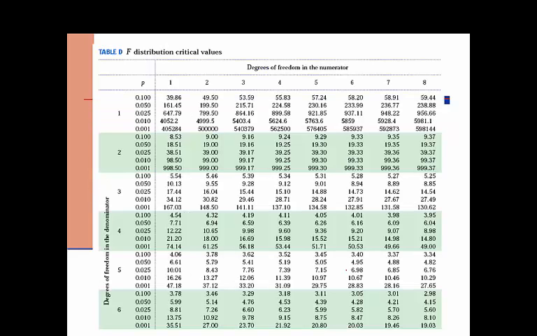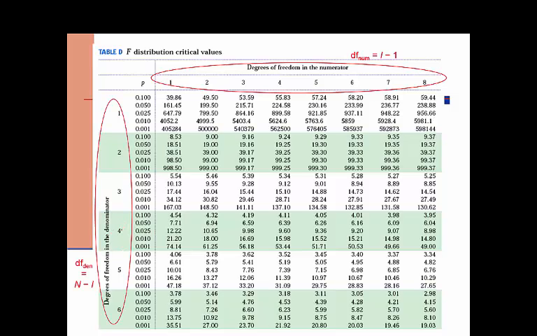Then you take your 11.283. If you're using the table, you look at the degrees of freedom in the numerator in the first row, and degrees of freedom in the denominator in the column, and you try to find out the F value from the table. Or else you use Minitab, and Minitab gives you the p-value.